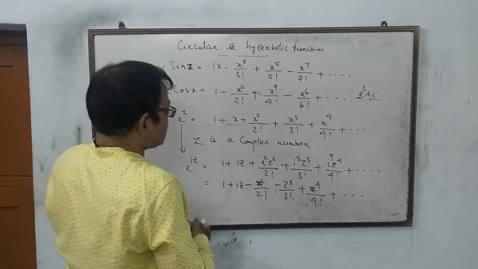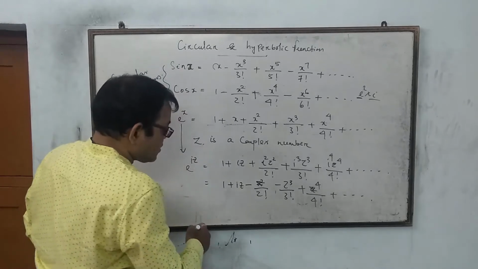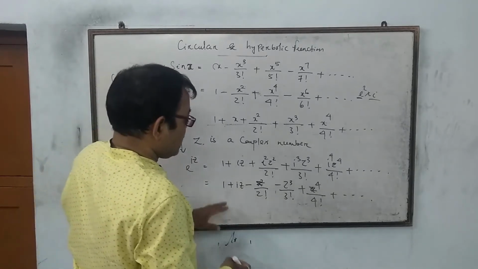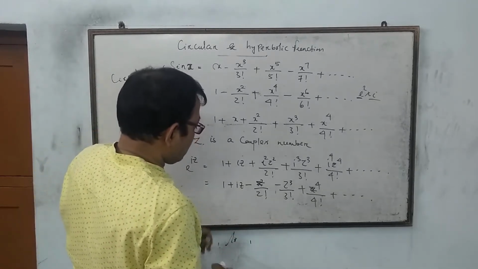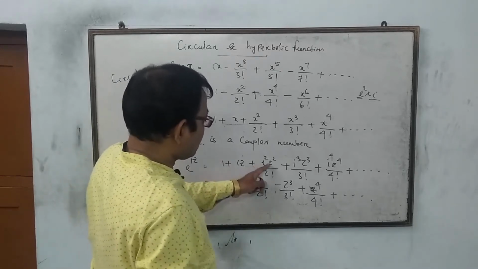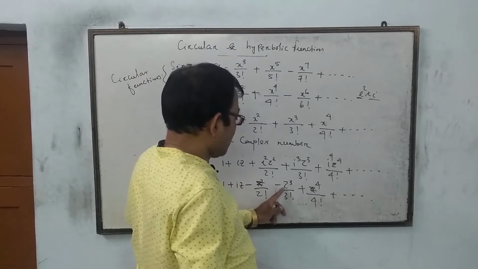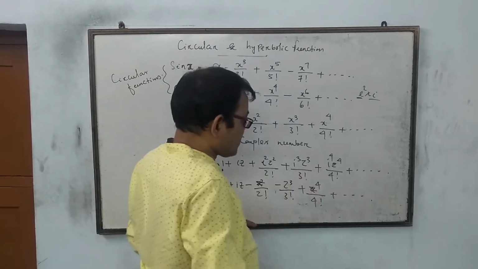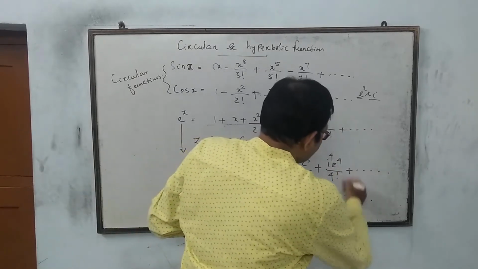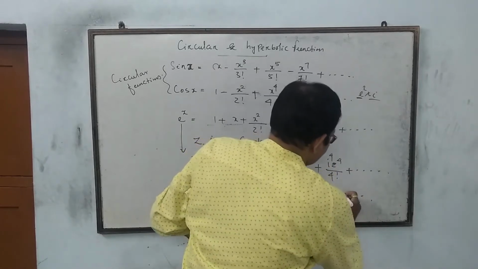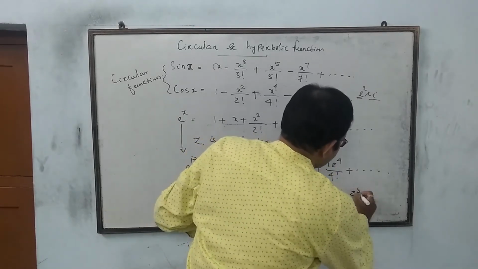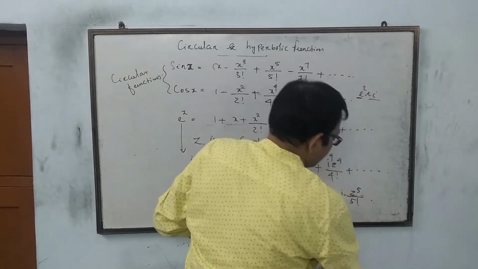So if I collect these terms, the real parts, you see 1 plus iz, here i square z square by 2 factorial, this is minus z square upon 2 factorial, i cube is minus i, i fourth is plus 1, and again you will get i into z to the power 5 by 5 factorial.